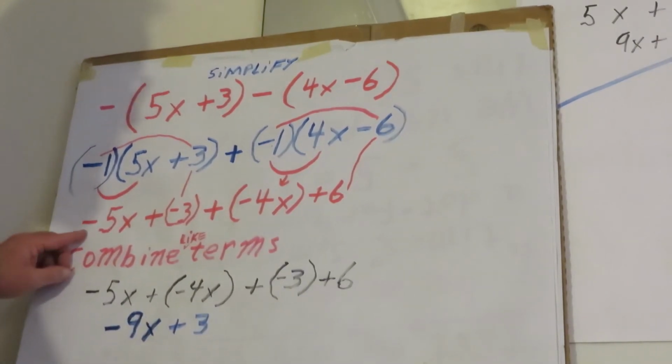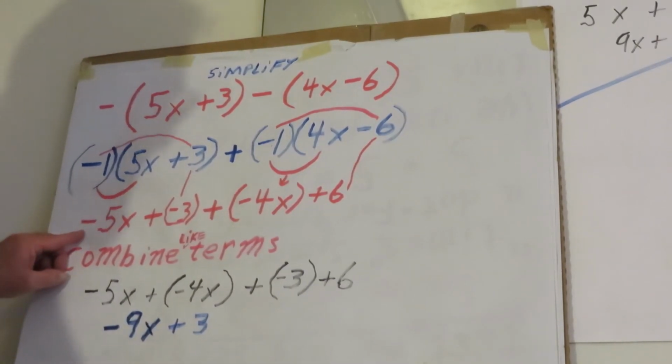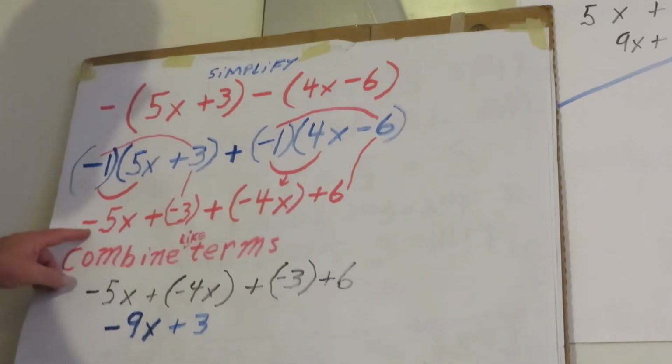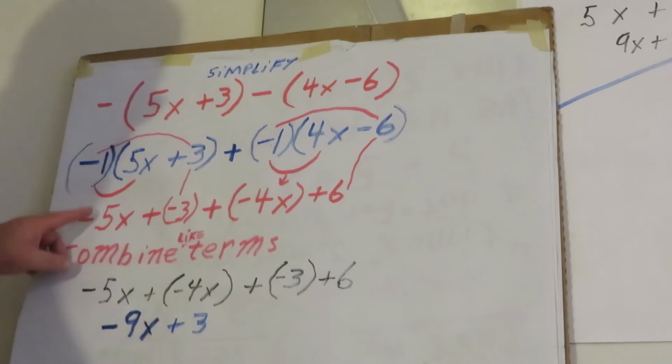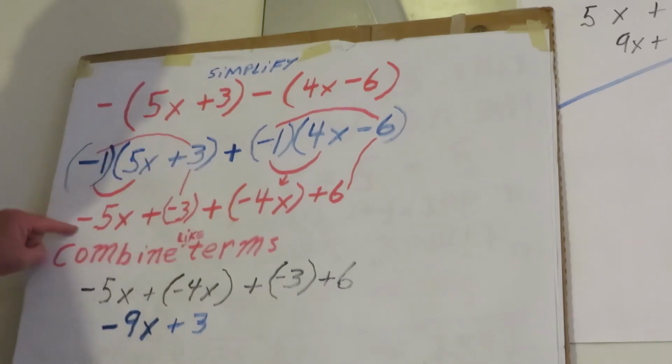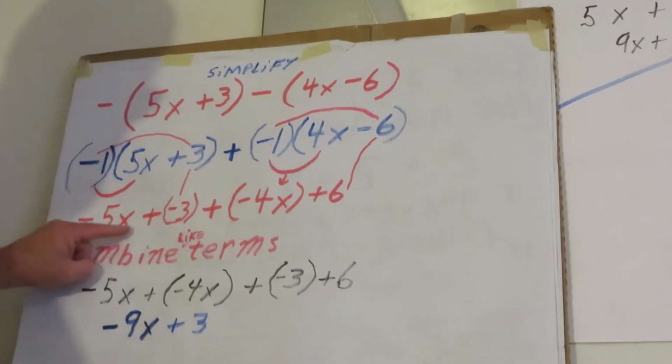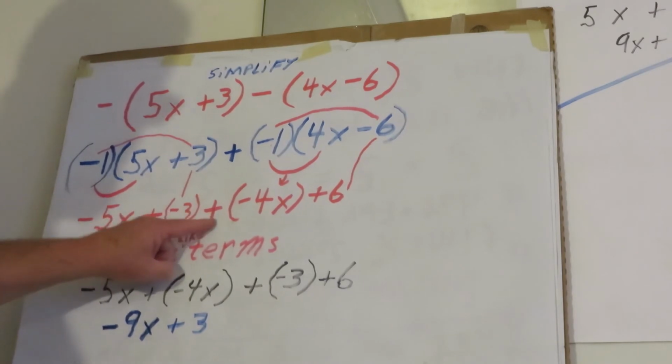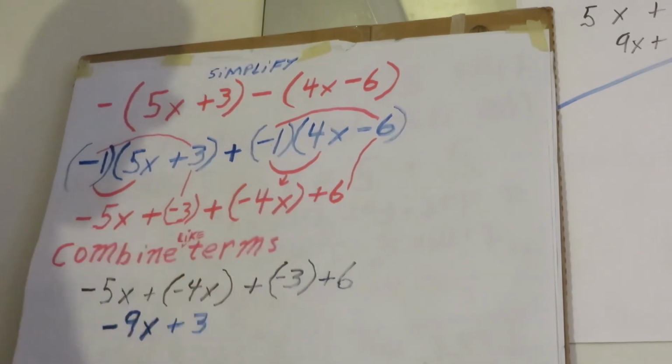And notice how I work in steps and I write things down. I don't try to jump ahead and do any steps in my head. I like to write them out. Negative 5x plus negative 3 plus negative 4x plus 6.